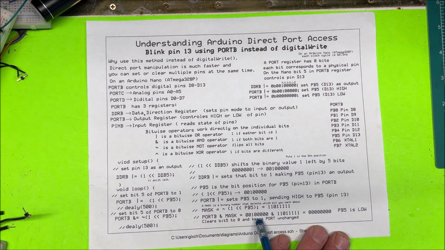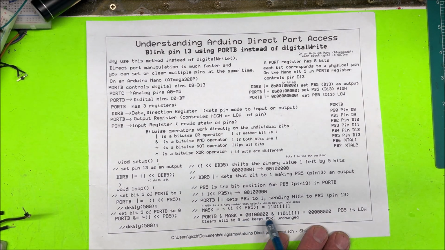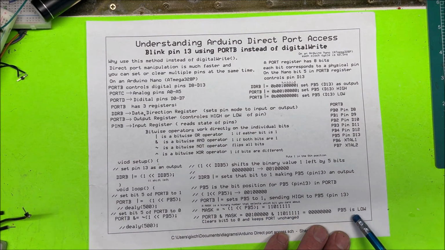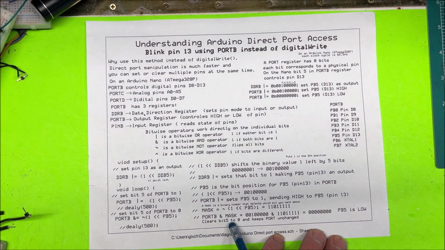So this is our original, and then we changed it to this. On the AND operator, it's going to be a 1 only if both bits are 1. In this case, you have a 1 and a 0, 1 and a 0, none of them line up, so it's going to be zeros all the way across. And that's going to take your pin 13, or PB5, and make that low, okay? So it just clears bit 5 to 0, just a way of clearing it out to 0, okay?